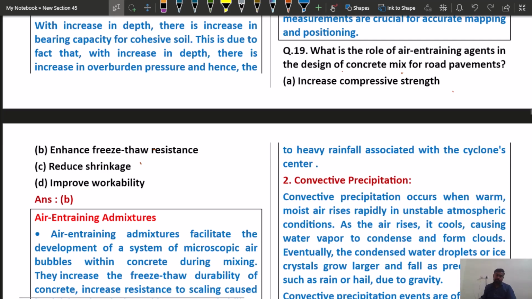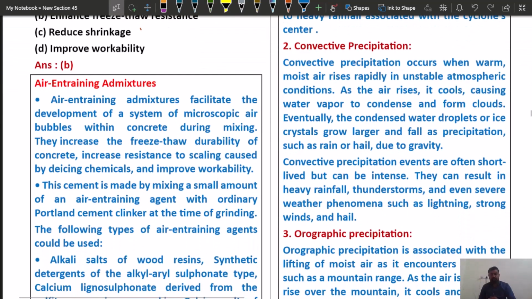Air entraining admixtures develop a system of microscopic air bubbles in the concrete after mixing, and this improves the concrete's ability to resist freezing and thawing.